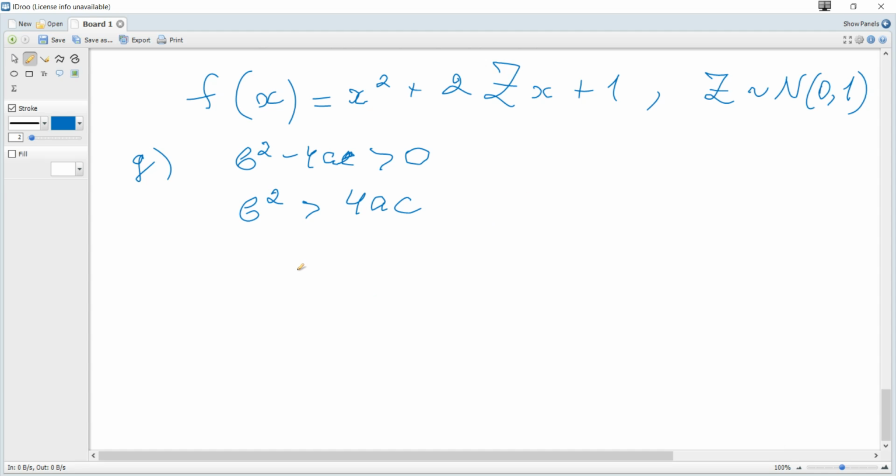B is 2z, so 4z squared must be greater than 4ac, where a is 1 and c is 1, so greater than 4. So z squared must be greater than 1.